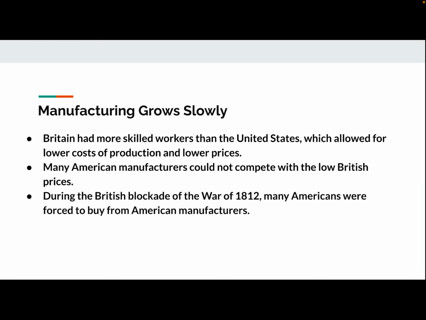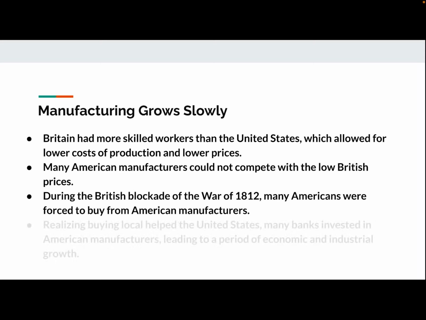During the British blockade of the War of 1812, remember that war we talked about between the United States and Great Britain, many Americans were forced to buy from American manufacturers. Buying local helped the United States. Many more banks started to invest in American manufacturers.